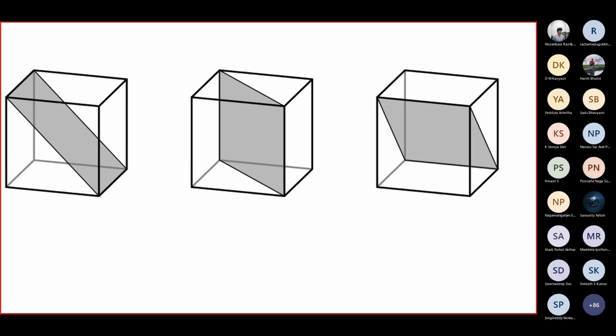Sir, can you explain the last diagram? Yeah, it's simple. Straight away, this is one plane, that's it. Do you have any doubts in this diagram? No doubt? Is it clear?